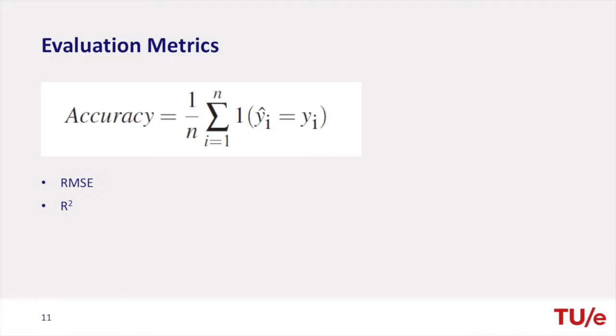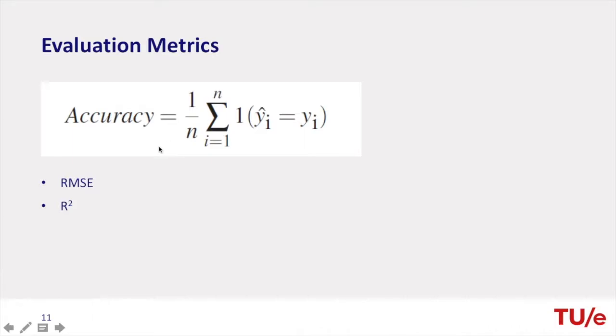Here are our evaluation metrics. This formula means that n is the number of samples, and this symbol is the predicted number of the query, and the other one is the real number. So if they are equal to each other, then we count 1, and we calculate the average of this number.